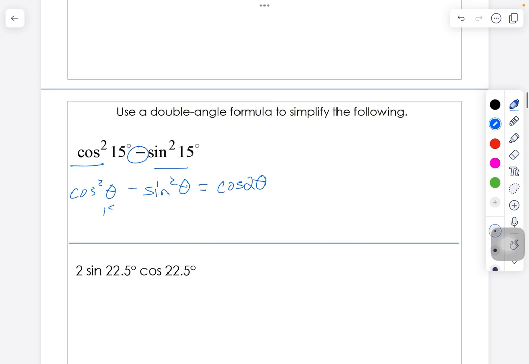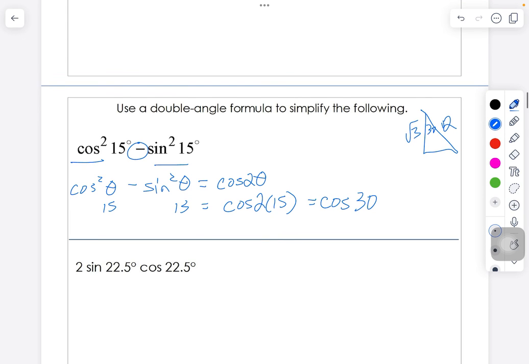So if my angle is 15 degrees, that means I'm taking the cosine of 2 times 15 degrees, or the cosine of 30, and I'll go off my triangle, 2, square root of 3 and 1. Cosine is going to be the square root of 3 over 2.